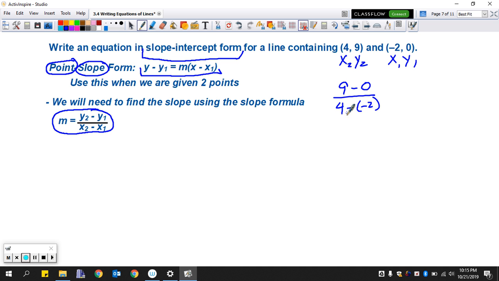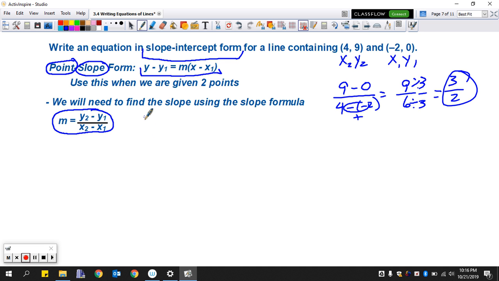This turns into a plus. 9 minus 0 is 9. 4 plus 2 is 6. Both 9 and 6 can be divided by 3, to simplify it. 9 divided by 3 is 3. 6 divided by 3 is 2. So our slope is 3 over 2.